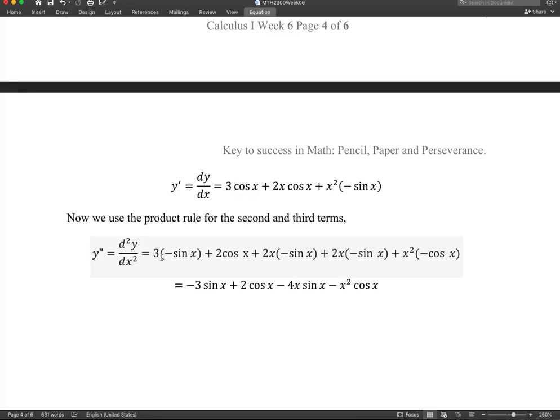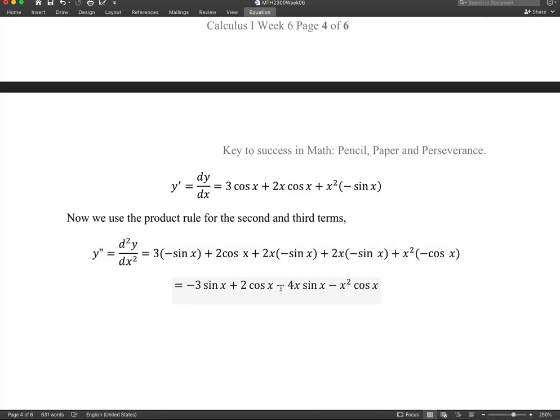So the second order derivative turned out to be pretty long. In the end, make sure you have the answer simplified. Let me double check. I think this negative 3 sine x stays. 2 times cosine x still stays. And one thing I just realized, these two terms are exactly the same: minus 2x sine x, minus 2x sine x.